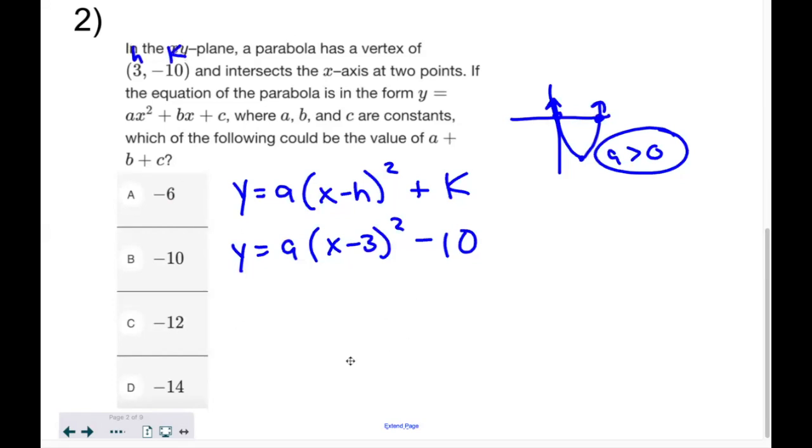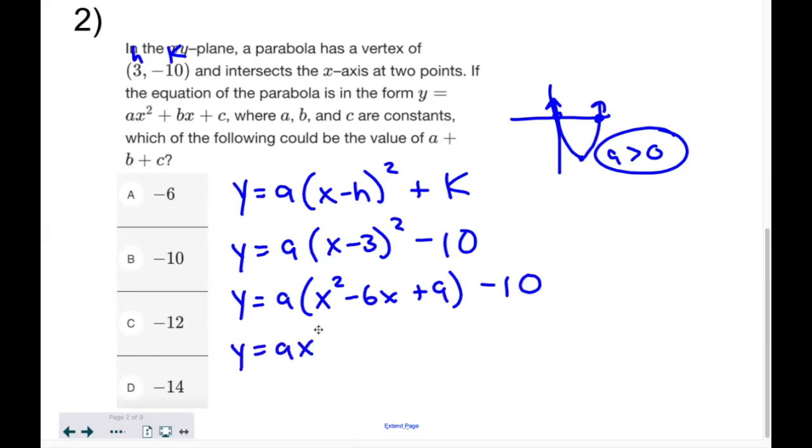Now, in order to get it into standard form, I just need to multiply out a little bit. So we should hopefully know that x minus 3 squared is x squared minus 6x plus 9. And then finally, I distribute through the a. So ax squared minus 6ax plus 9a minus 10.